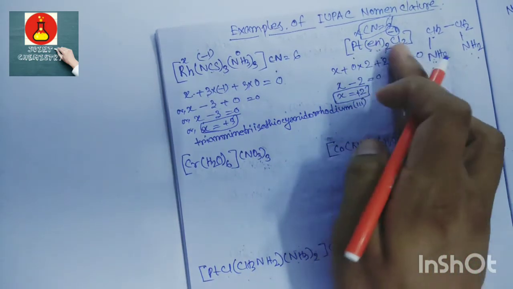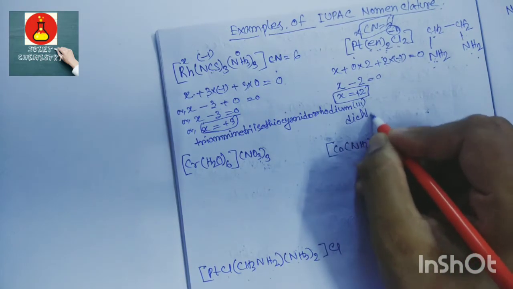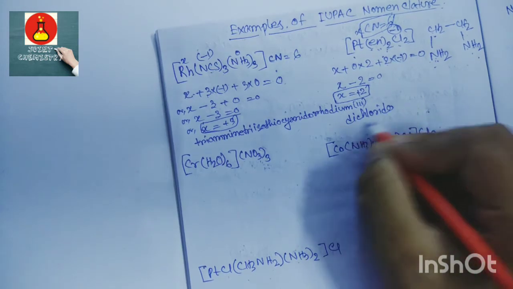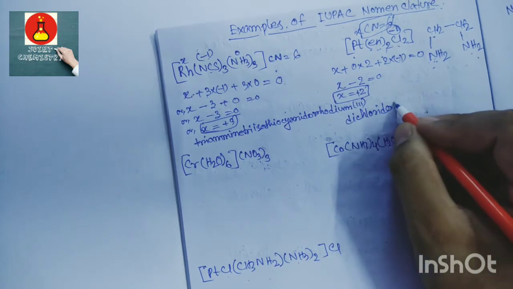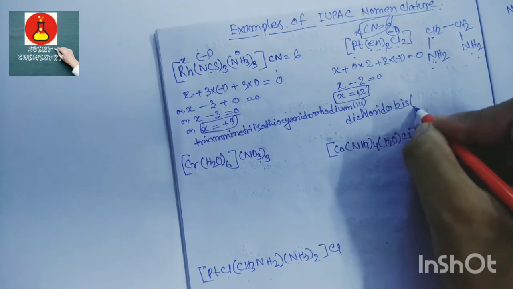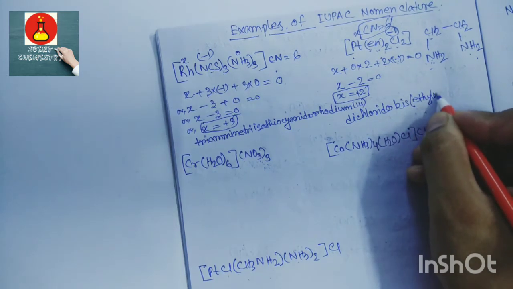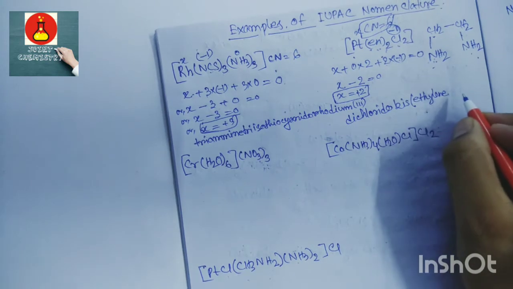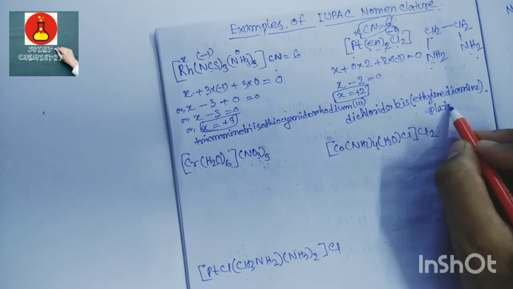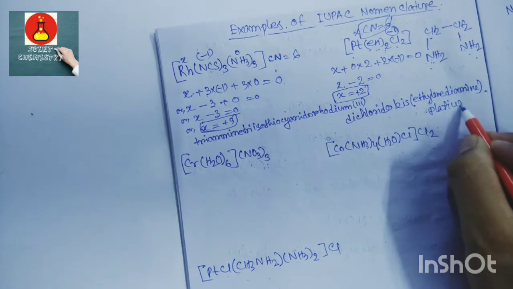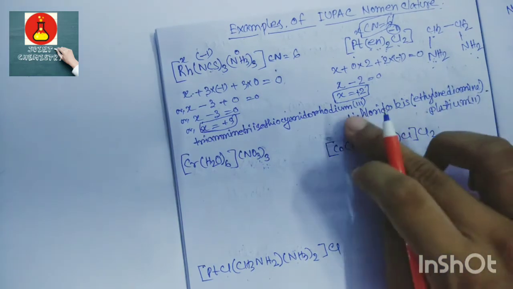Now the name of this complex is dichlorido. Now what is chlorido? I told you in the first video, you should go and watch that video. Then bis, then in bracket ethylene diamine. See, again, this is not a correct way to write IUPAC naming. The IUPAC naming should be in one word.